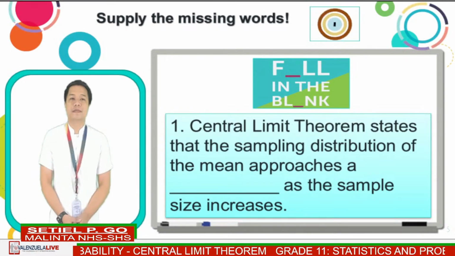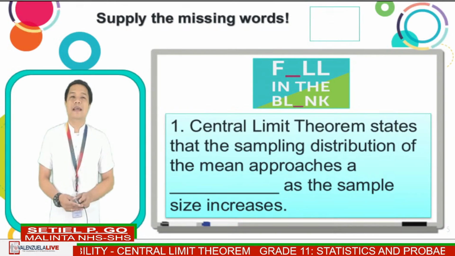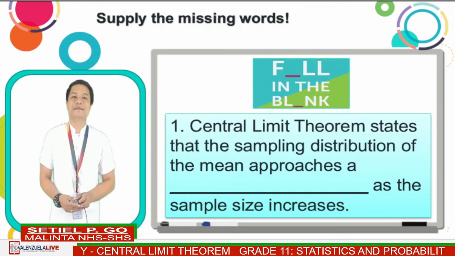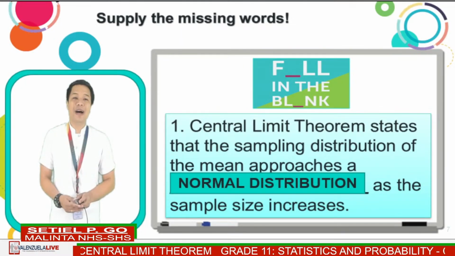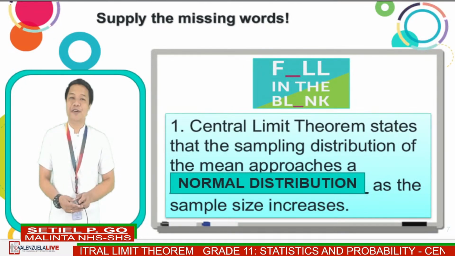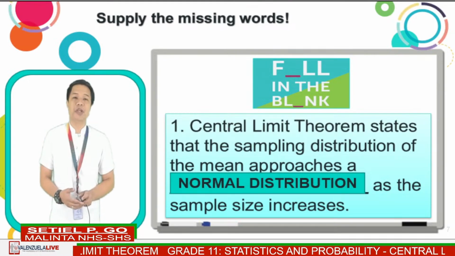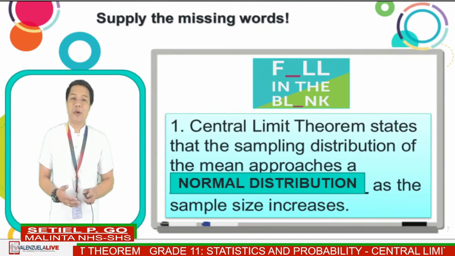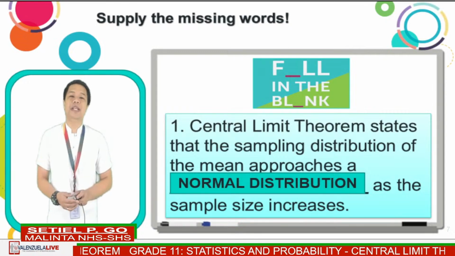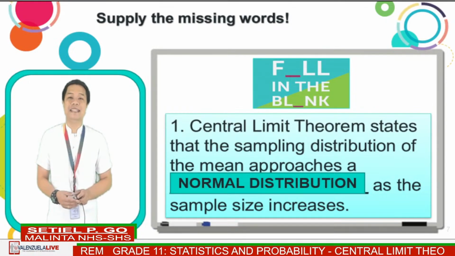The answer is normal distribution. So therefore, again, central limit theorem states that the sampling distribution of the mean approaches a normal distribution as the sample size increases.